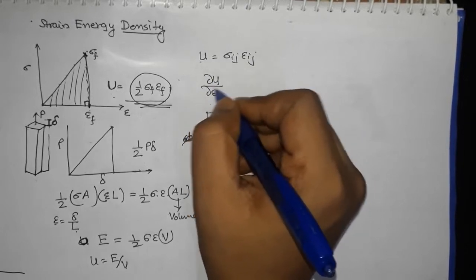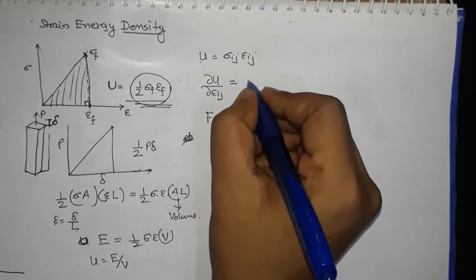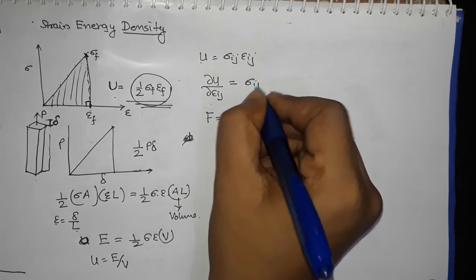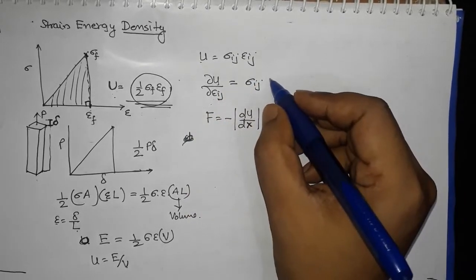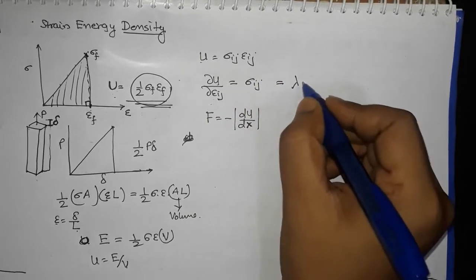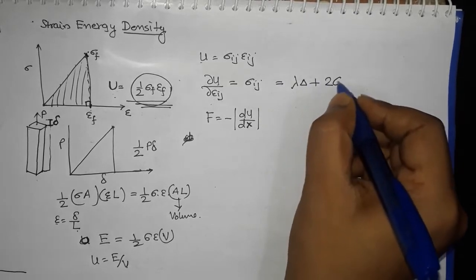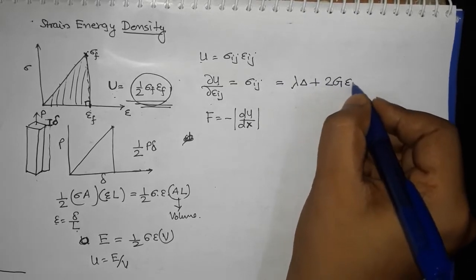But if you do the first derivative with respect to any component, you will always get sigma ij, which will be equal to Lamé's constant into volumetric strain plus 2 into shear modulus into epsilon ij.